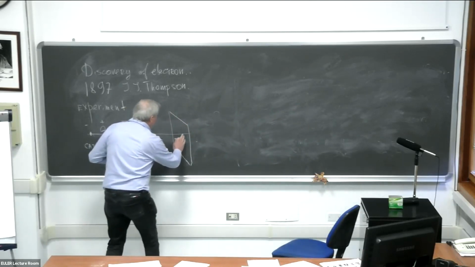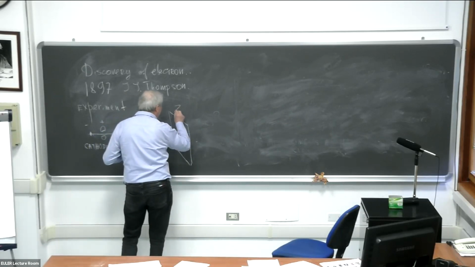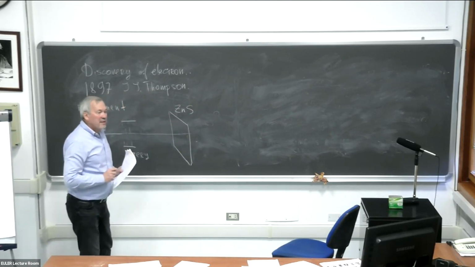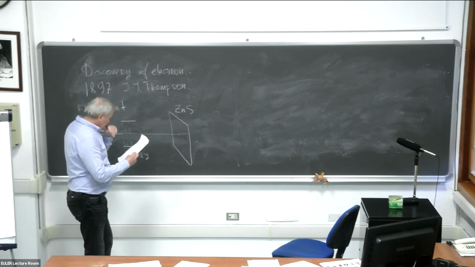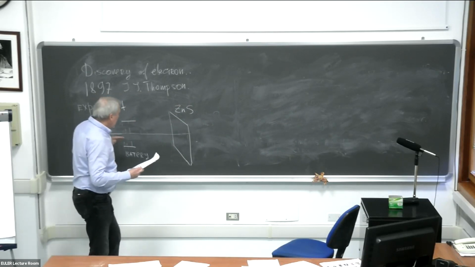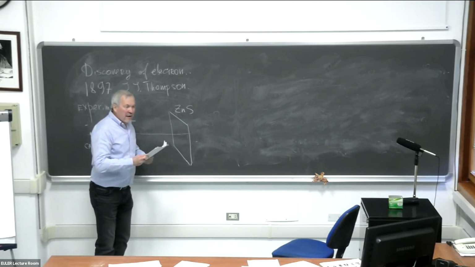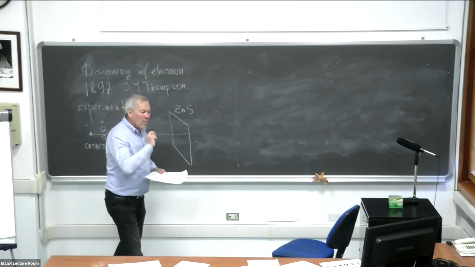So he had a screen which is made of zinc sulfide, and this material was used very often in the early days, in early discoveries. And the property of this screen is that if some rays hit the screen, shining spots appear, so glow.